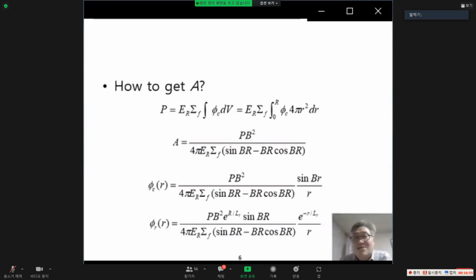Power equals ER, the energy released per fission, multiplied by the number of fissions. The number of fissions is sigma F, integrating phi c all over the sphere. From there, we get the A value. Then substitute the A value into the original equation, and we get A prime. So we get phi c and phi r.